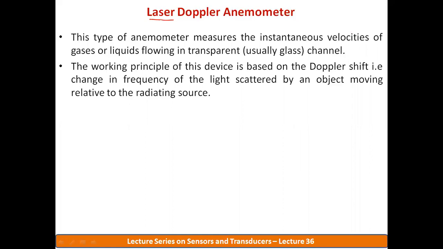And this anemometer works on the principle of Doppler shift. The change in the frequency of the scattered light is called Doppler shift. That is why the word Doppler has come here, and that is why it is called laser Doppler anemometer.